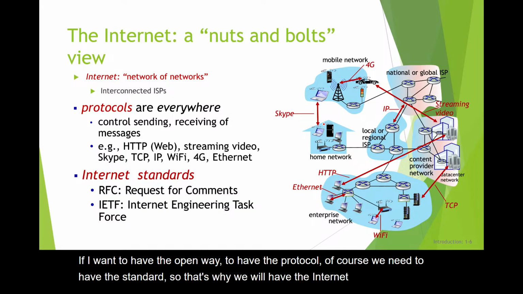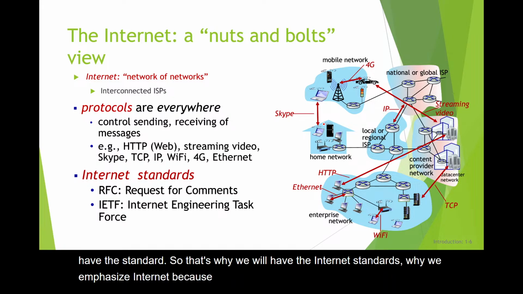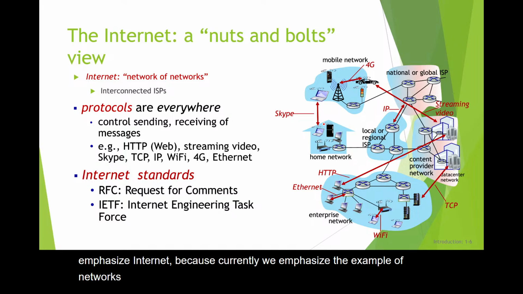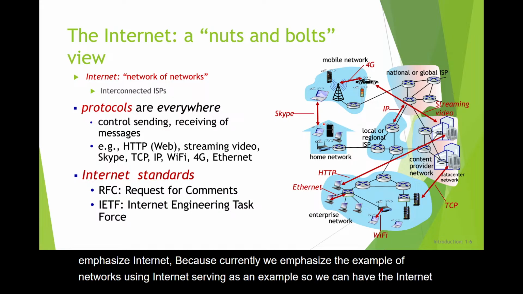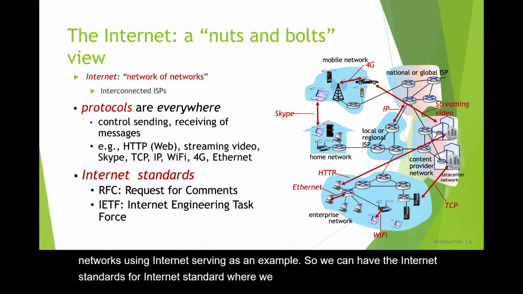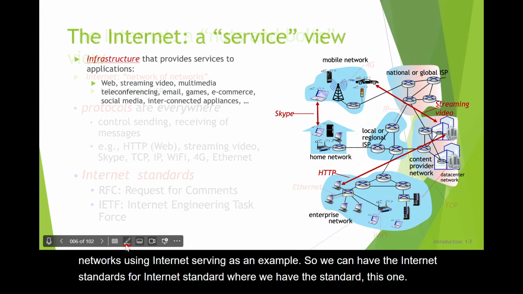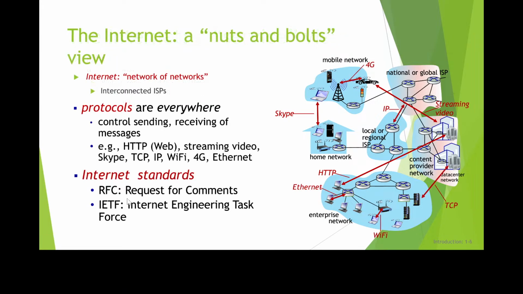Why do we emphasize the internet? Because currently we use networks using the internet as the example. So we have internet standards. For internet standards, where do we have the standard? The first one, Request for Comments.